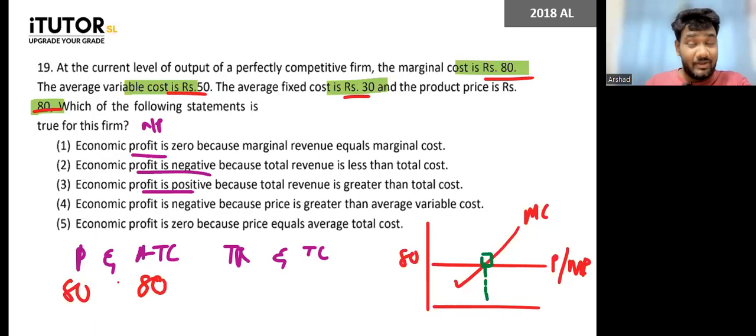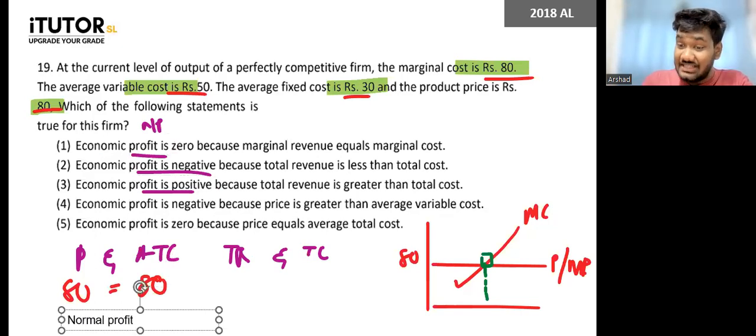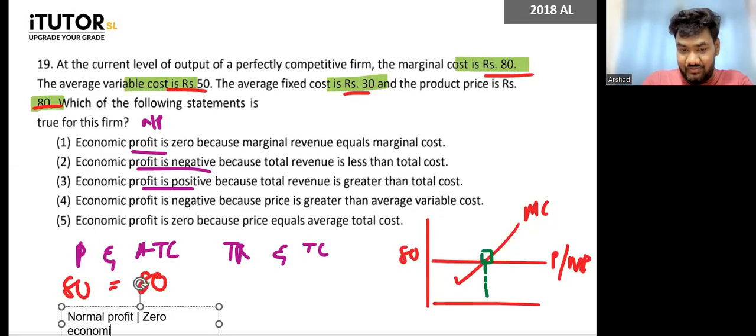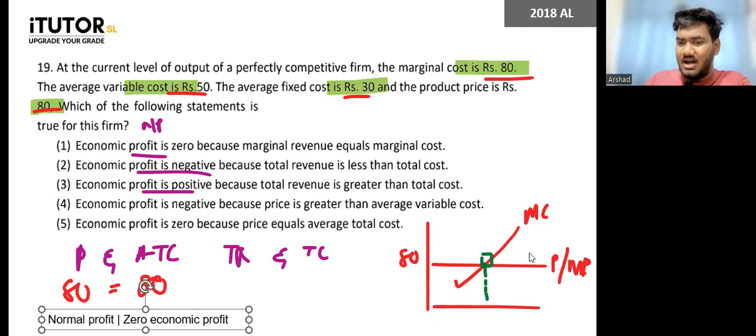In other words, zero economic profit. This is a situation where the firm is making a normal profit, also called zero economic profit. And MR equals MC as well.